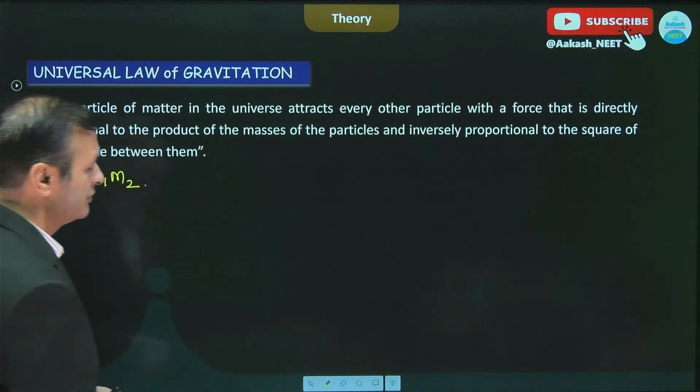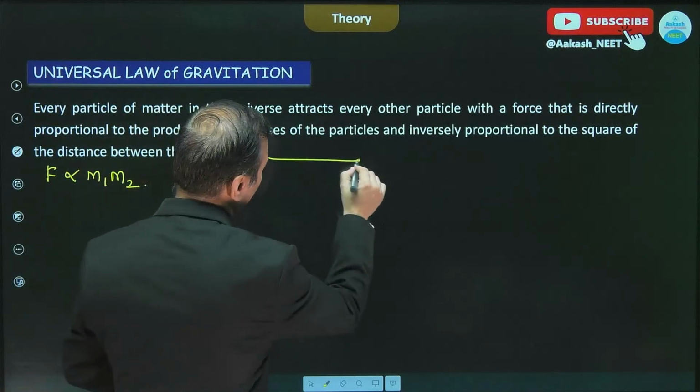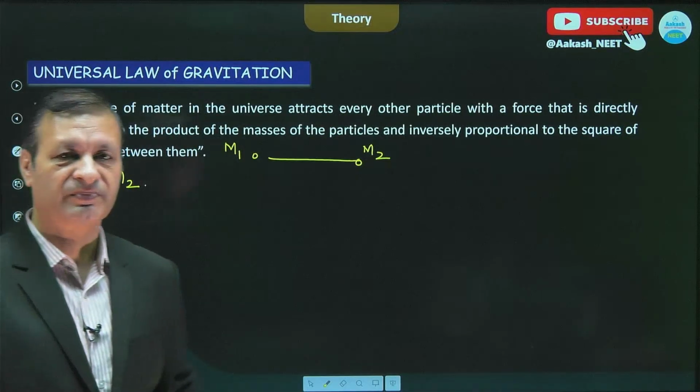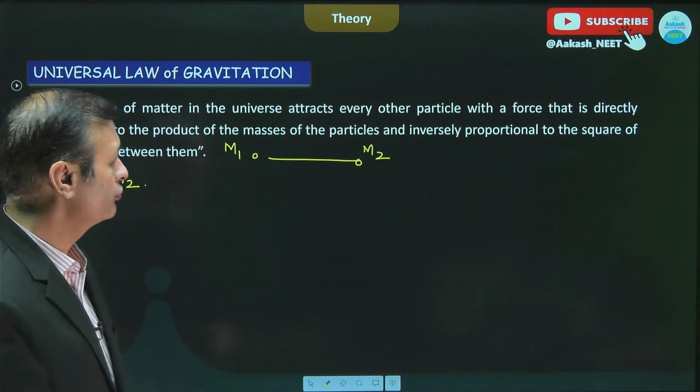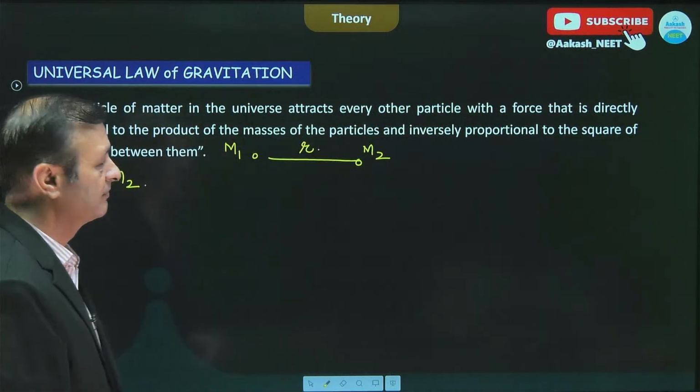So it says you have two masses. Let's keep these two masses as m1 and m2, separated by some distance r.